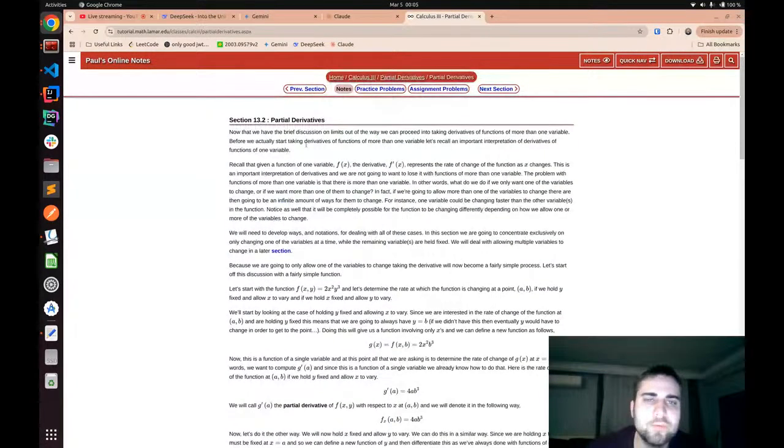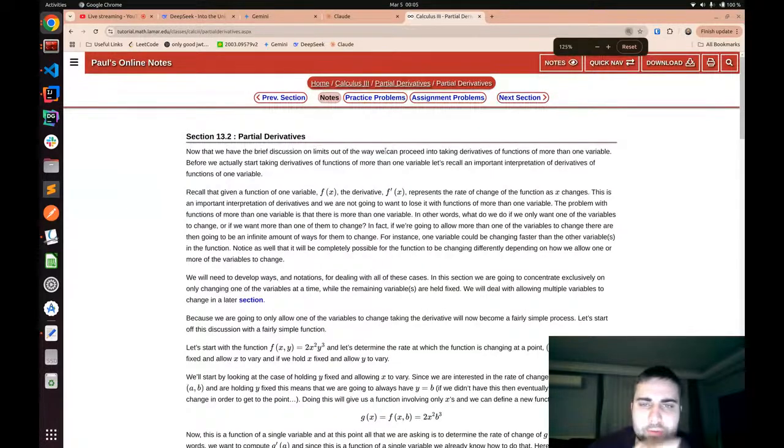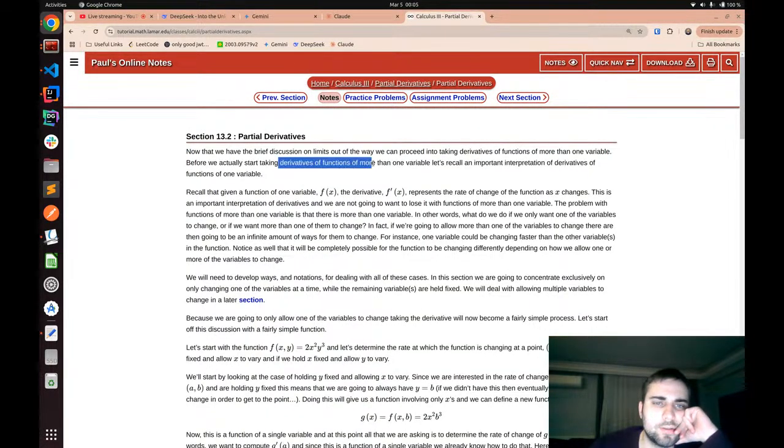Let's briefly get the limits out of the way. Before we start with functions of more than one variable, recall that given a function of one variable, the derivative represents the rate of change of the function as x changes. This is an important interpretation of the derivative.